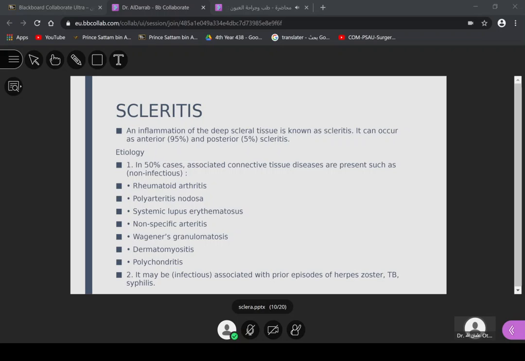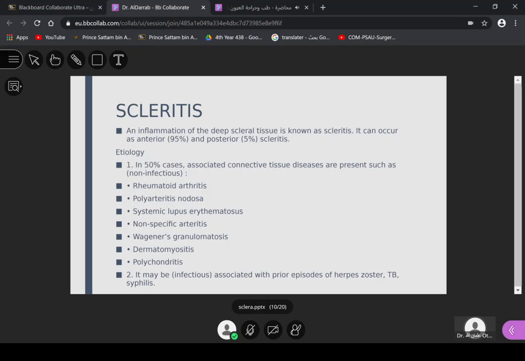Etiology is very important. 50% non-infectious. 50% of the cases are non-infectious, meaning inflammatory, especially, as we said, rheumatological diseases, especially rheumatoid arthritis. It can appear with polyarteritis nodosa, with SLE, systemic lupus erythematosus, Wegener's, dermatomyositis.